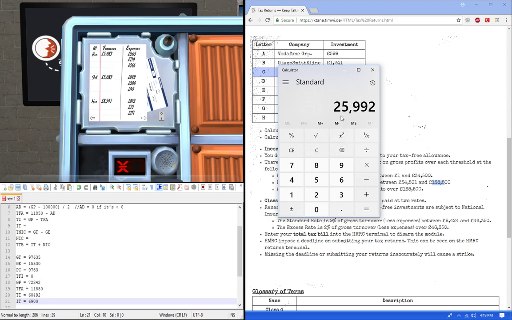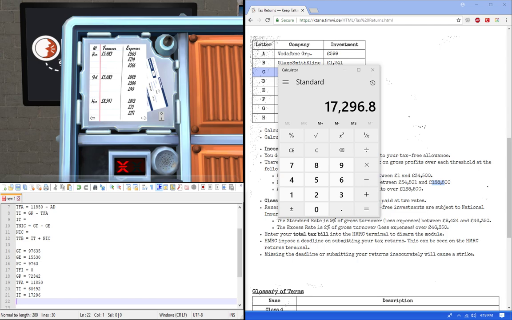That's 25,992, and times that by 40%, and that's going to leave us at 10,396. We take this number, add it to our 6,900, and that's going to give us 17,296.